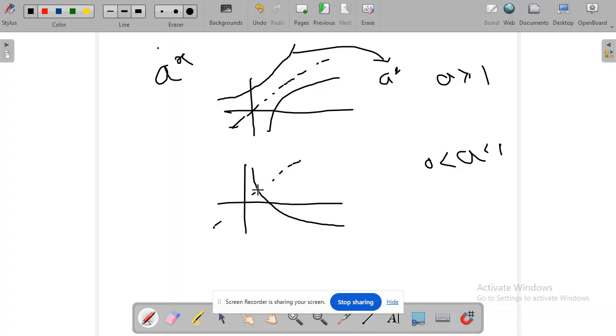How will this part's image be? It will be somewhat like this. Like it is coming from here, so it will be going from here. And how will this part's image be? It will be going from here, right? And that's it. This is the graph of a^x.